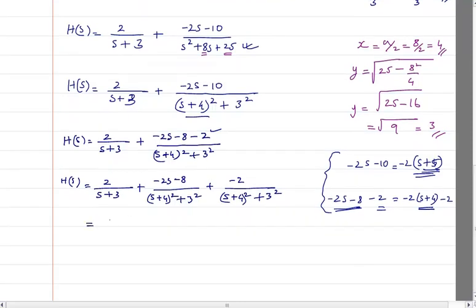So H of s is going to be 2 by s plus 3 minus 2 I am going to take common. So what remains is s plus 4 divided by s plus 4 square plus 3 square. Then again minus 2 I can take out commonly.